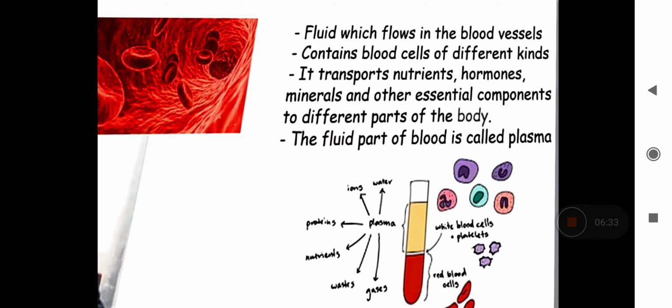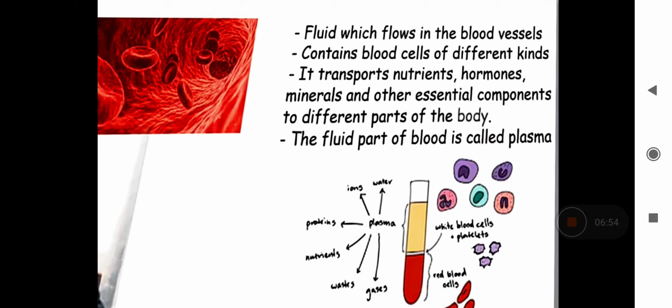Blood transports oxygen from the lungs to the cells of your body. It also carries the waste products produced in the body so that they can be removed from your body, right?